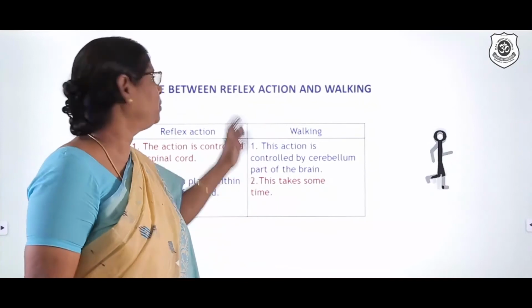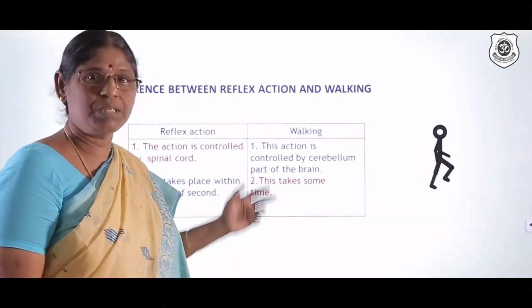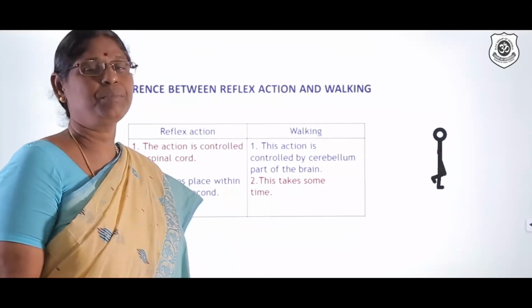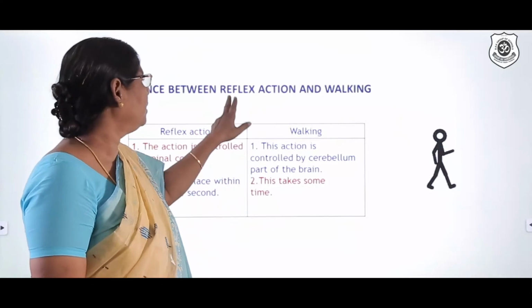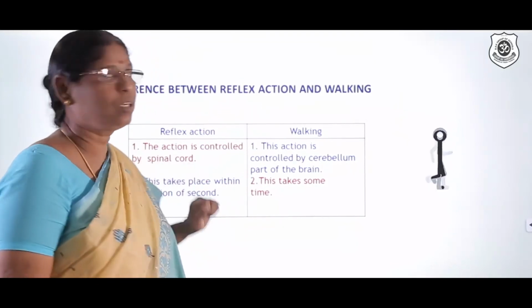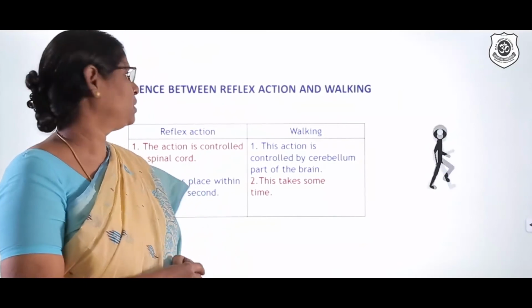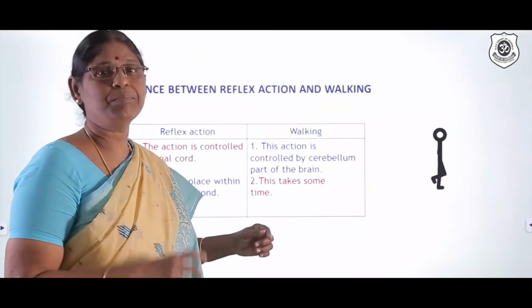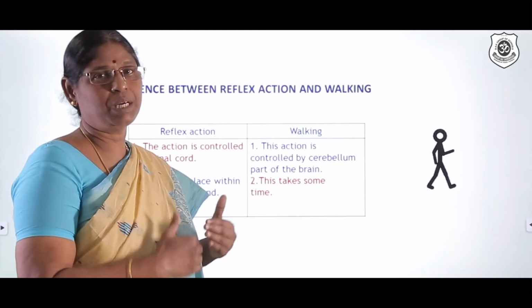Now what is the difference between reflex action and walking? Even in reflex action, actually the muscles are involved and they bring about movement. But the difference is that reflex action is controlled by the spinal cord. The spinal cord itself will decide and bring about the movement. Whereas walking involves the brain. The message goes to the brain and the brain will bring about the movement.